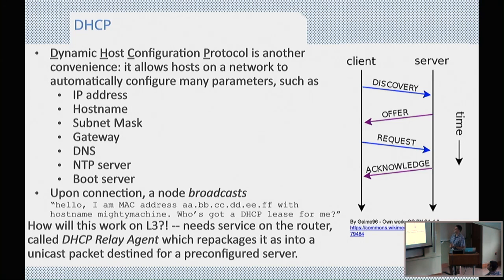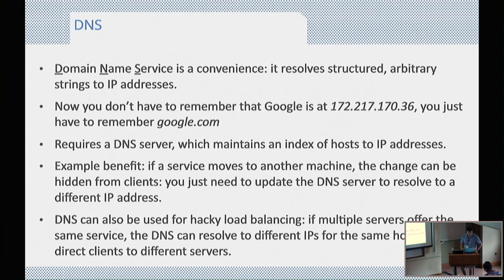Who's got a DHCP lease for me? And how does this work at layer 3? It can't propagate through a router because a router doesn't propagate layer 2 broadcasts. The answer is you need to run something called a DHCP relay agent on your router if your DHCP server lives on a different subnet.